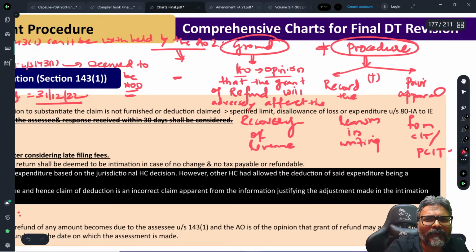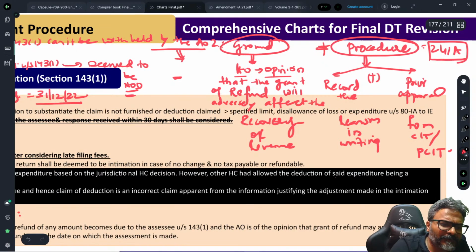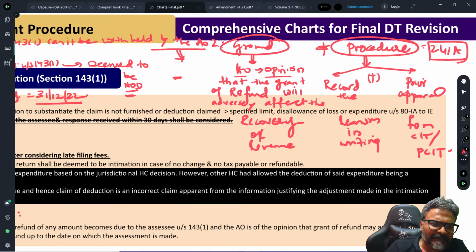So is withholding of refund possible? The answer is yes. This is what section 241A says. So far as section 241A is concerned, that is precisely the point. I hope that all of you are clear with this one, every one of you. Are you all clear with this one, students, in this context?